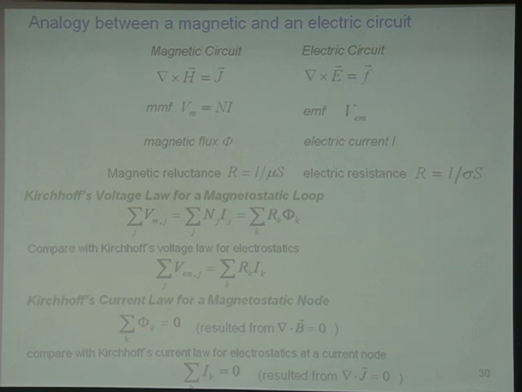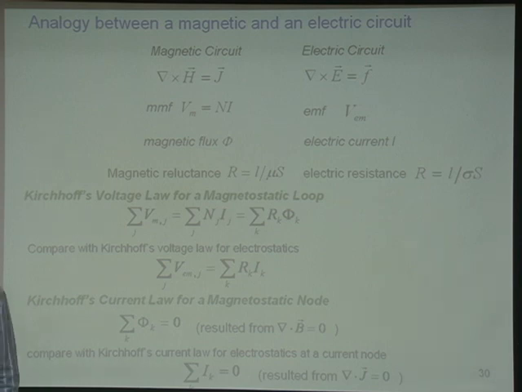This means that whatever magnetic flux goes into a node has to come out. So Kirchhoff's current law for current is modified into this equation for the magnetostatic circuit. So since you have this one-to-one symmetry, if you solve a problem for a magnetic circuit, you can just borrow all the concepts from the electric circuit.